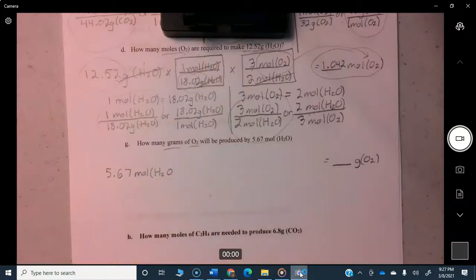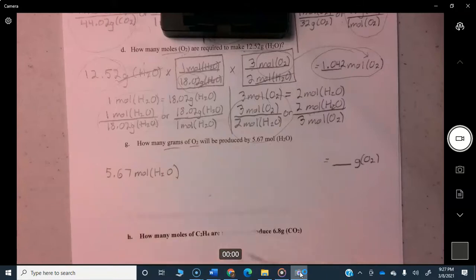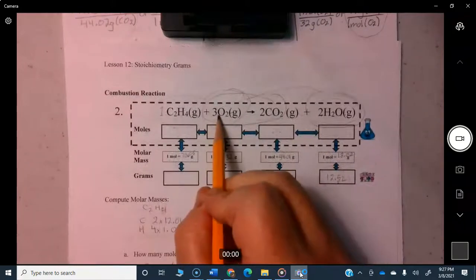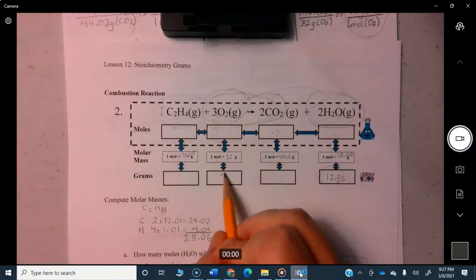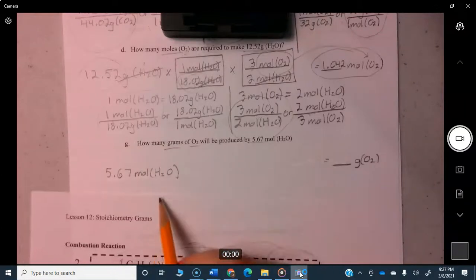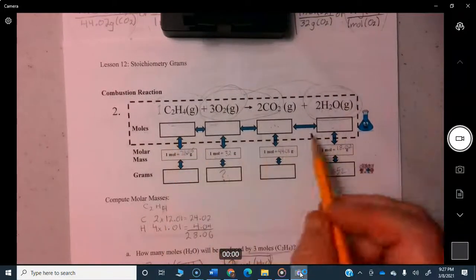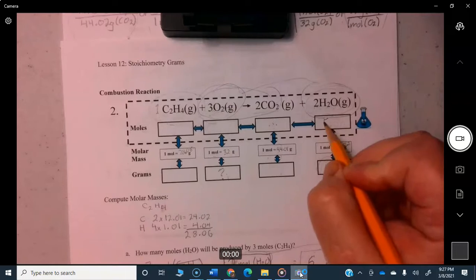So let's go to our organizer, figure out how many conversions that's going to be. So we're trying to find grams of O2. Here's O2. Here's the grams row, so that's the question mark. We're trying to find out grams of O2. And we start with 5.67 moles of H2O. So this is moles, and here's H2O, so that's 5.67.